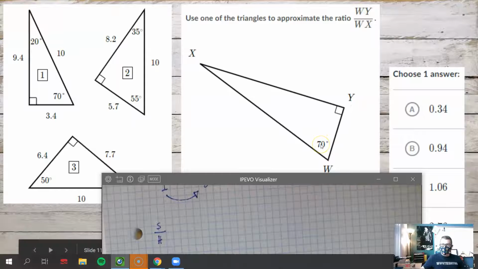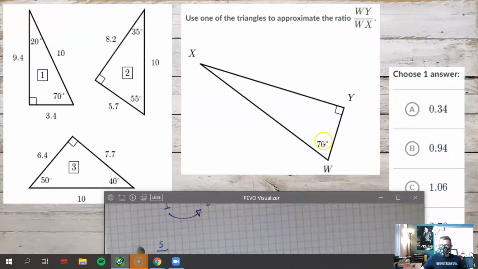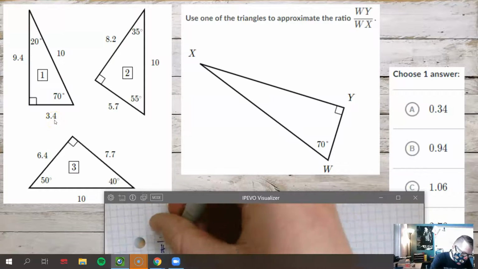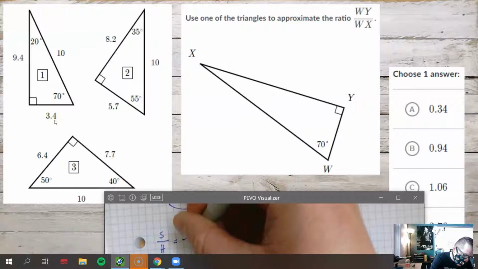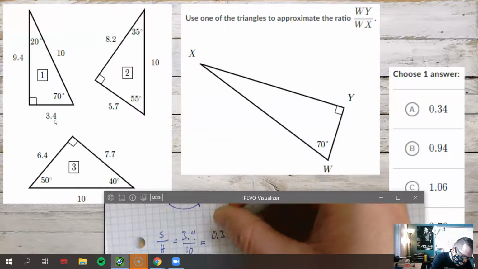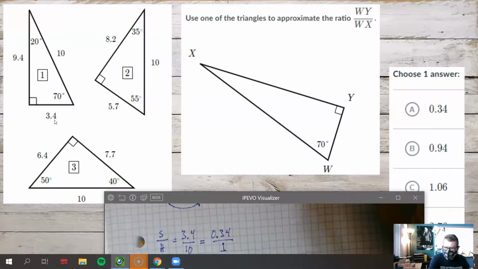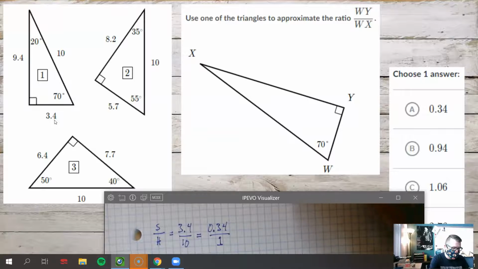In the 70-degree triangle, short to hypotenuse is either 3.4 over 10 or 0.34 over 1, or I could do any manipulation of that I want.